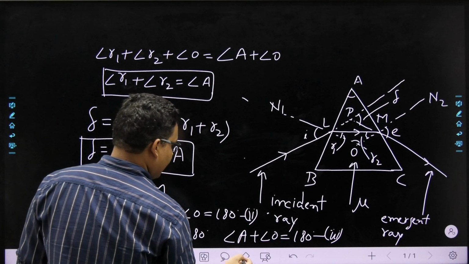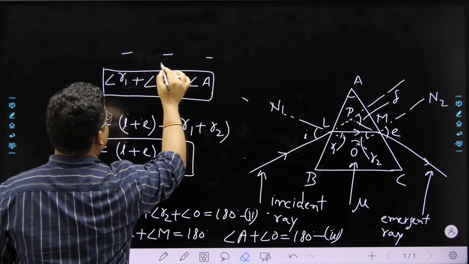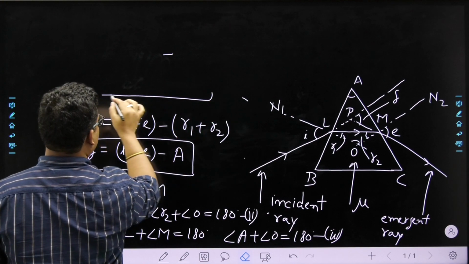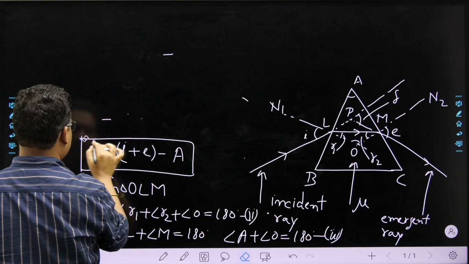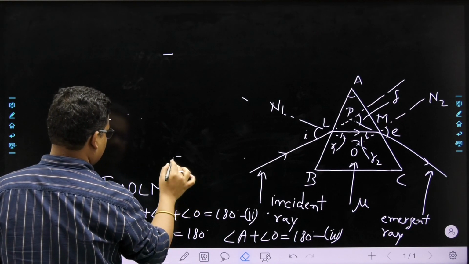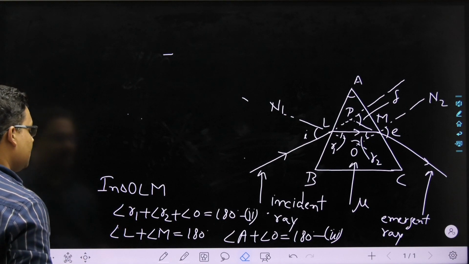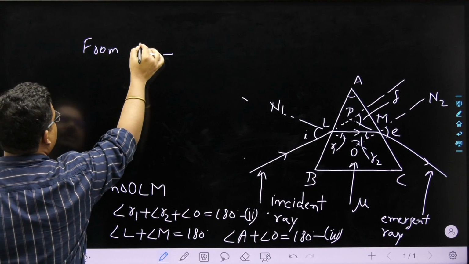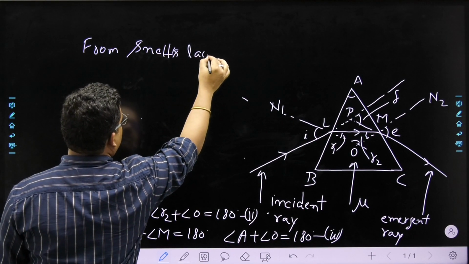If mu is the refractive index of this medium, then from Snell's law we can write.